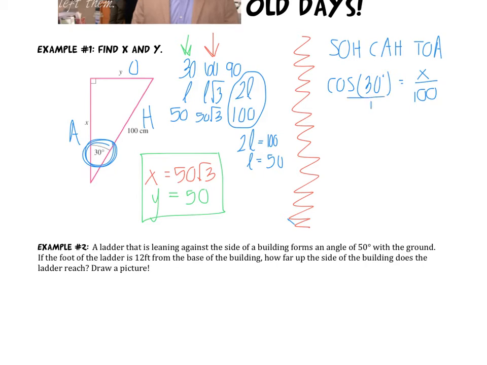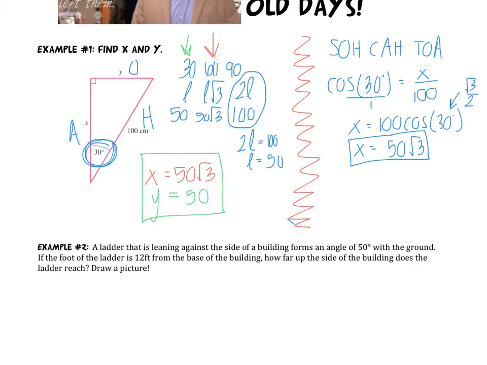I like to always put this over 1 and cross multiply. X is going to equal 100 cosine of 30. So x in the end is 50 root 3. And I know this because cosine of 30 is root 3 over 2, if you forgot that.